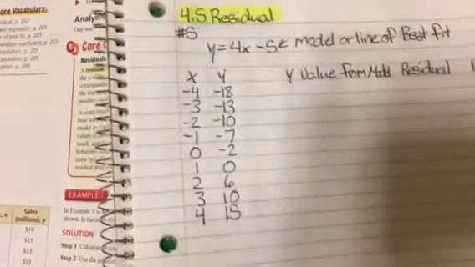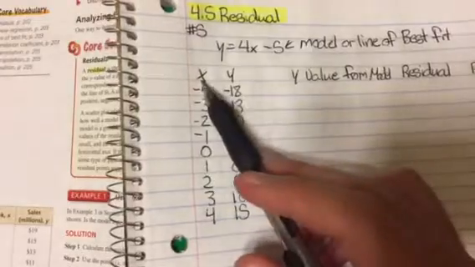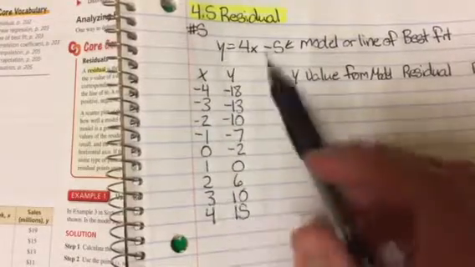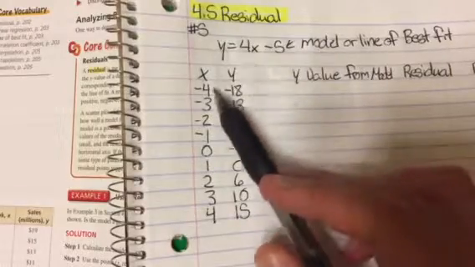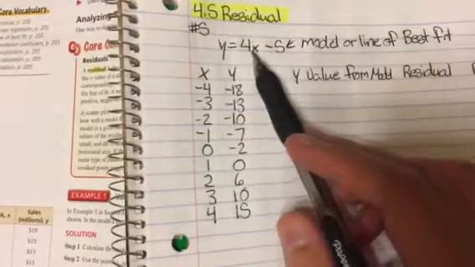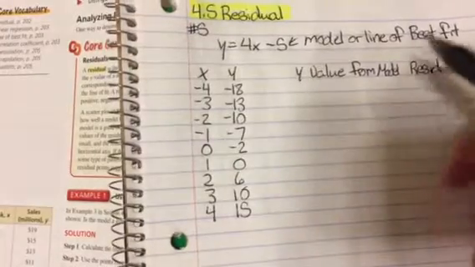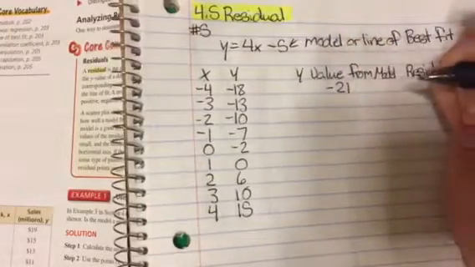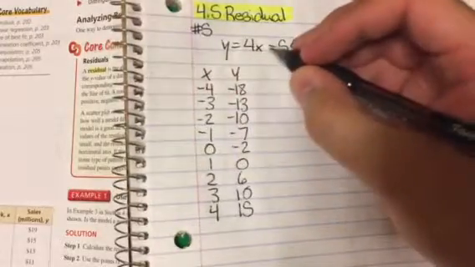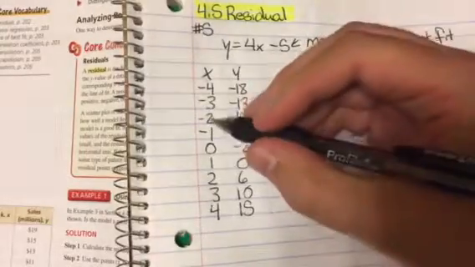Okay, we are going to get these values by plugging the x values into our model equation. So if you plug -4 into the model equation, you will get -21. If you plug -3 into the model equation, you'll get -17.